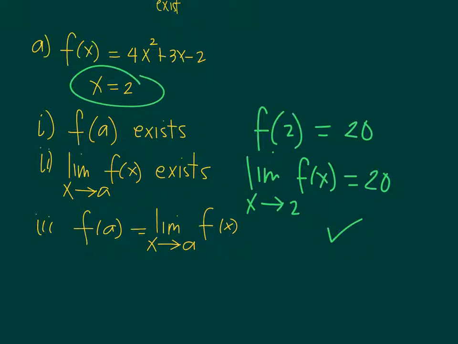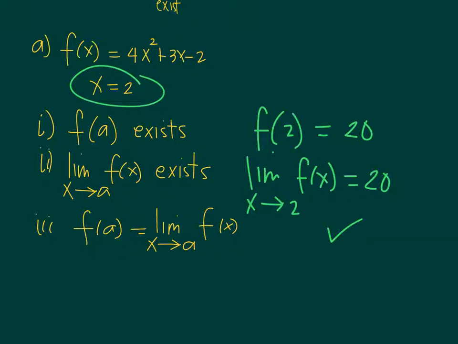Let us understand it further, because we don't want to be contained on the steps. If you think of f of x as 4x squared plus 3x minus 2, what kind of graph can we achieve? A parabola. There's no gap in a parabola.